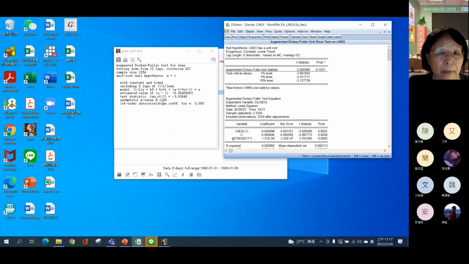Then the p-value 0.1248 is pretty close here. So according to this result, we cannot reject the null hypothesis. Therefore, we are not able to show this variable is stationary.